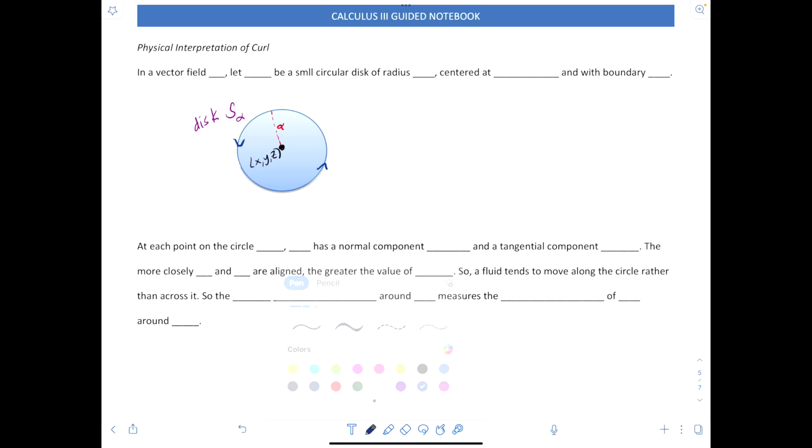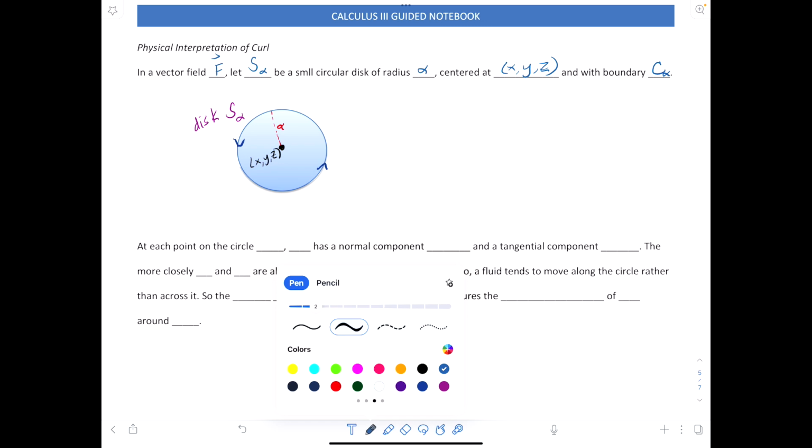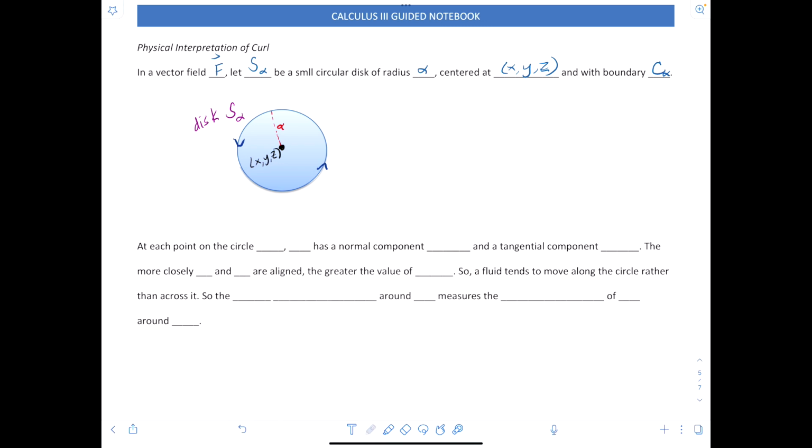Okay, now let me fill in what we've got going here. So in a vector field F, we're letting S alpha be a small circular disk of radius alpha centered at x, y, and z. We drew all that in already. And with boundary C alpha. So C alpha was our boundary.